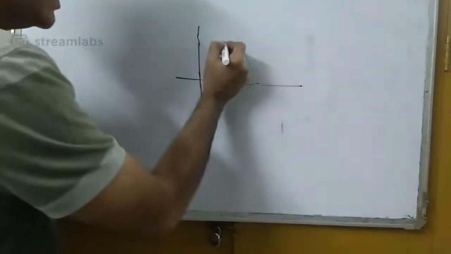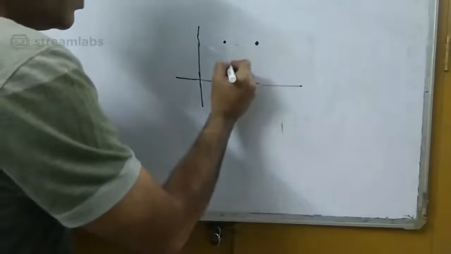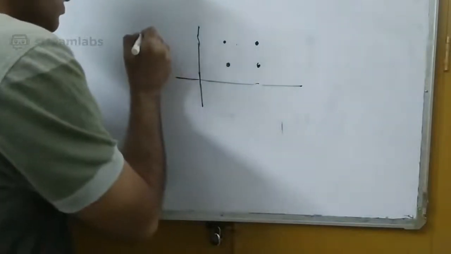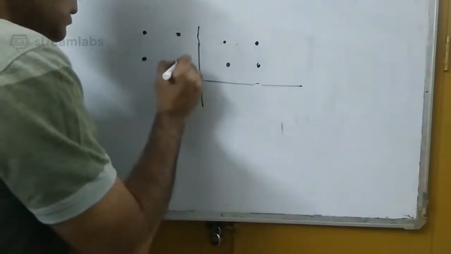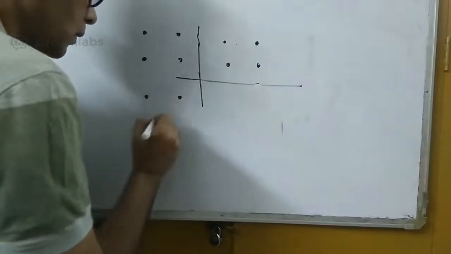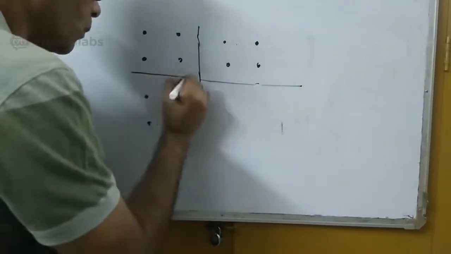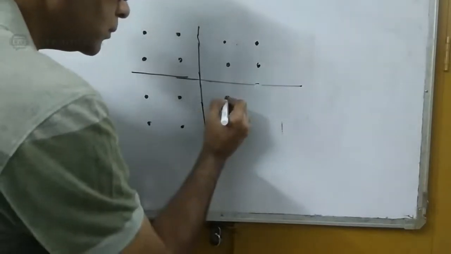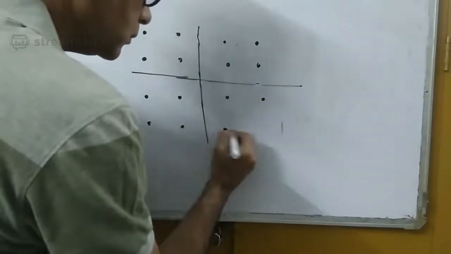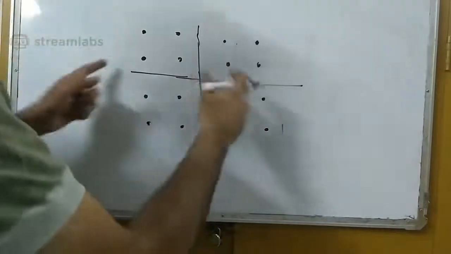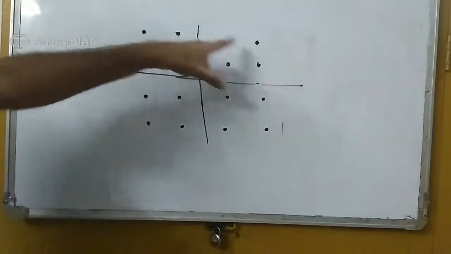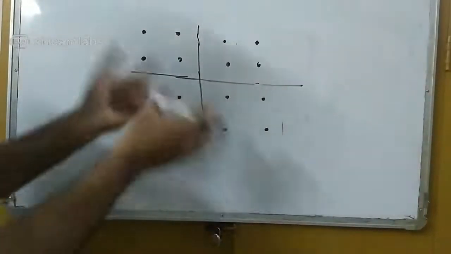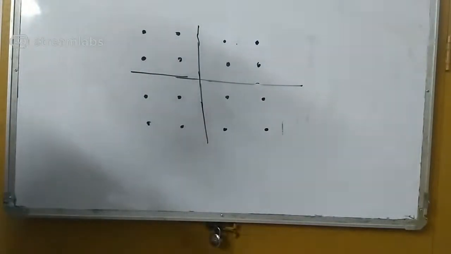In the next case, 16 QAM, I will represent the components like this in four different quadrants. So I have 16 signal elements, which is a combination of amplitude and PSK.